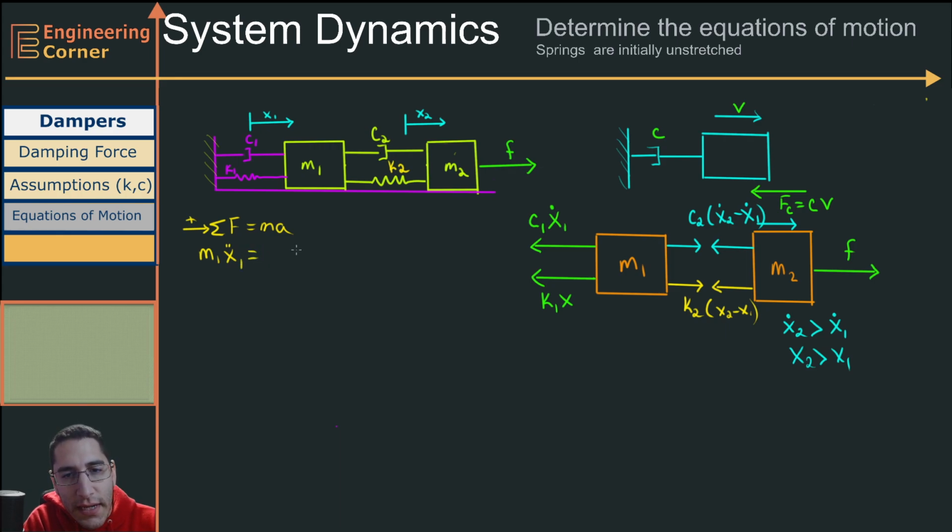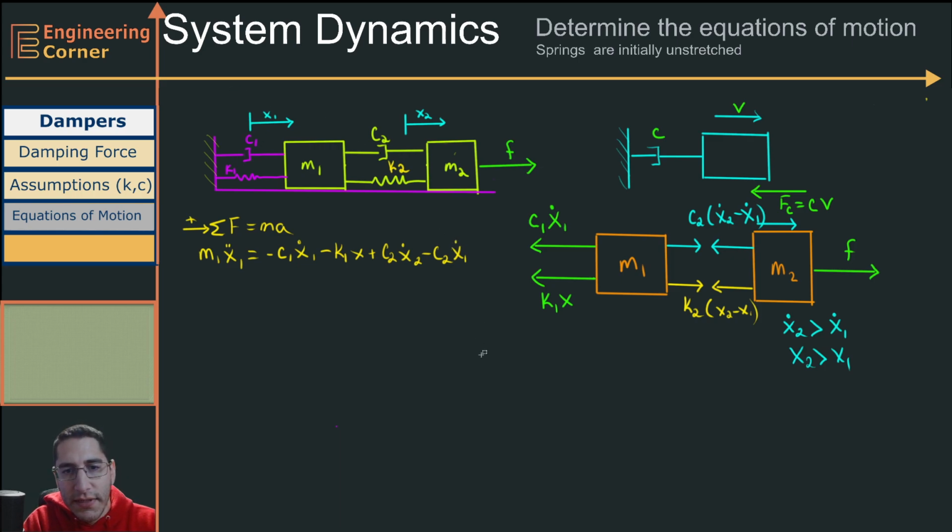And now this is going to be equal to minus c1 x1 dot, so that velocity, minus k1 x1. And now that's these two forces right here. So now I have to work with these two forces. So that's going to be plus c2 x2 dot, I'm going to multiply this out right now, minus c2 x1 dot.